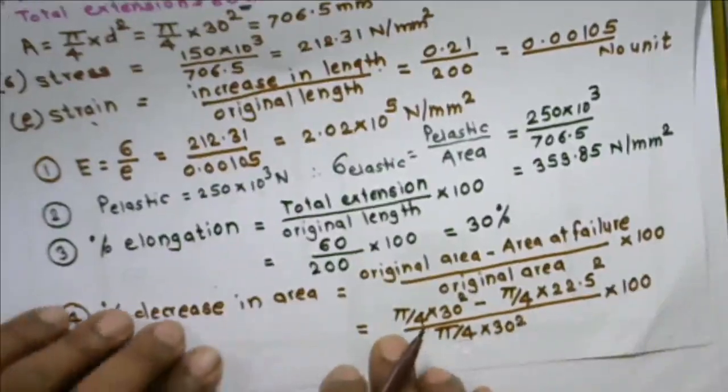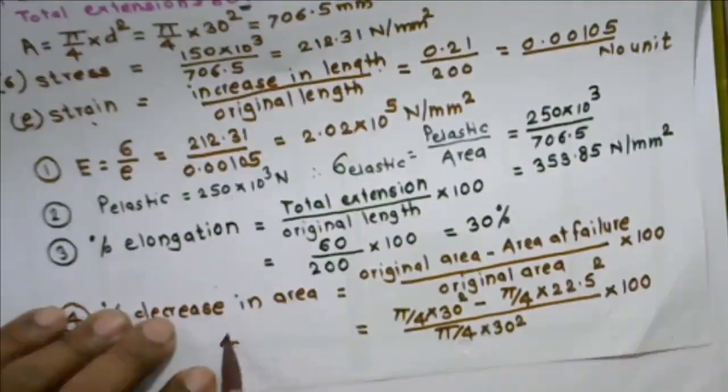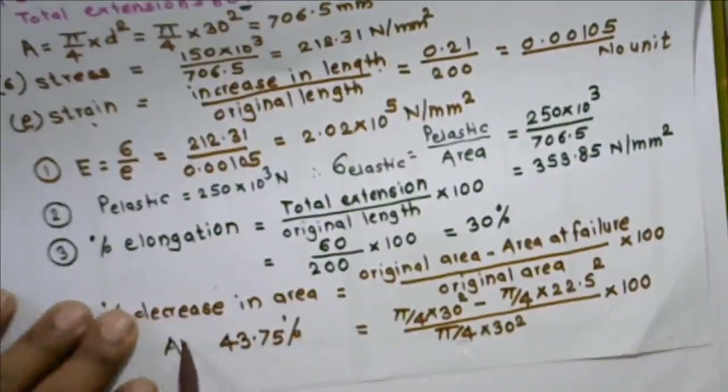Do these calculations. The answer will be 43.75%. That is our fourth answer.